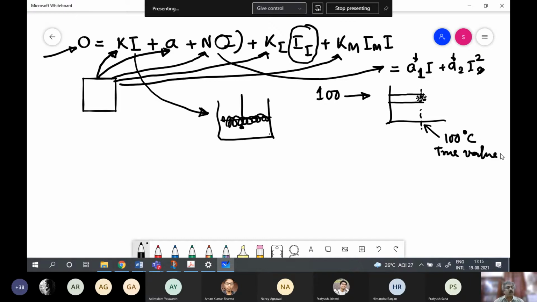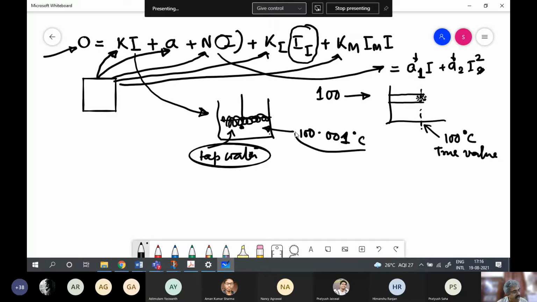Suppose this liquid is just tap water. Tap water will have different purity, so its exact boiling point may be 100.001 degrees centigrade, that particular day's tap water boiling temperature.